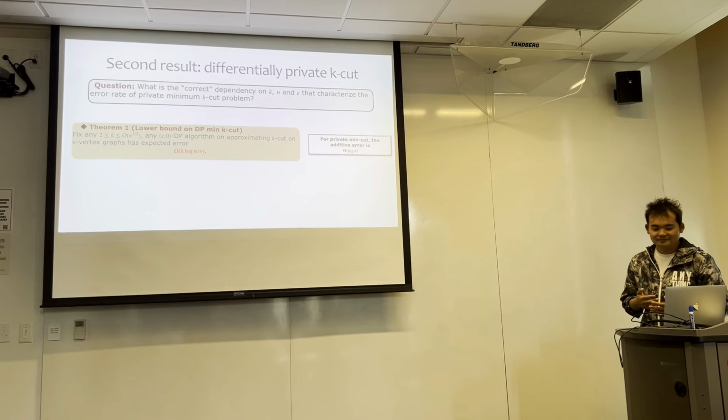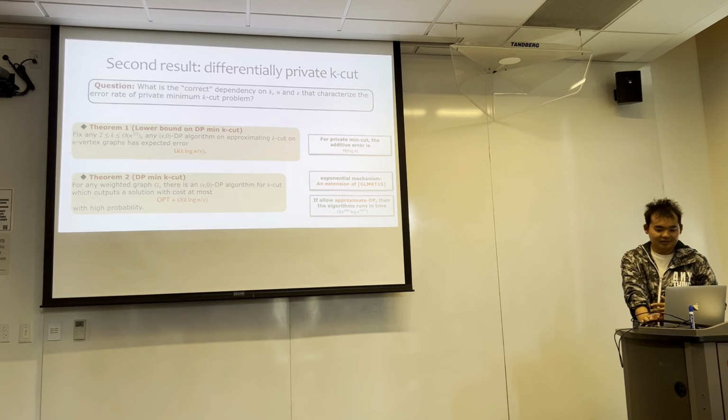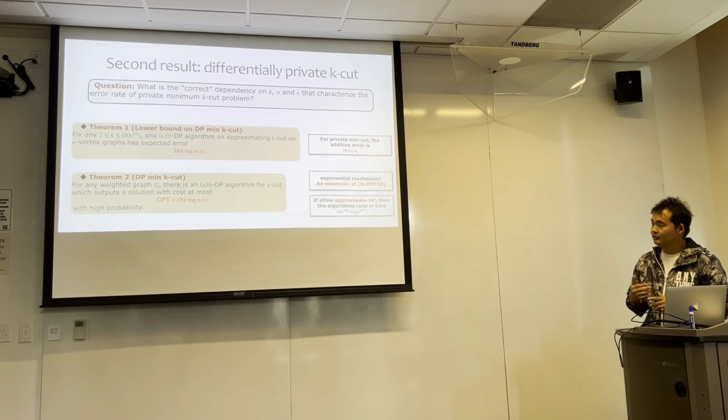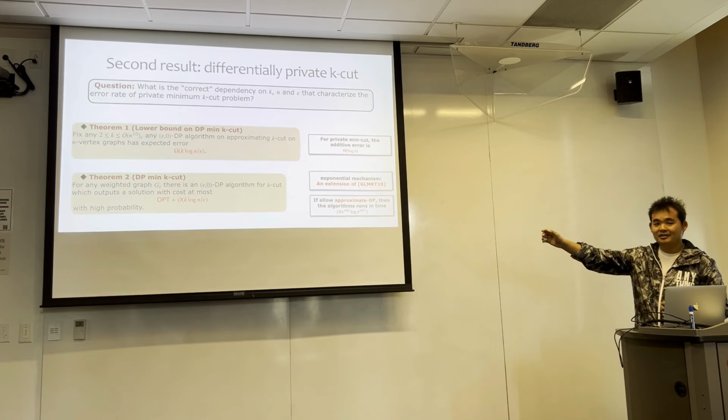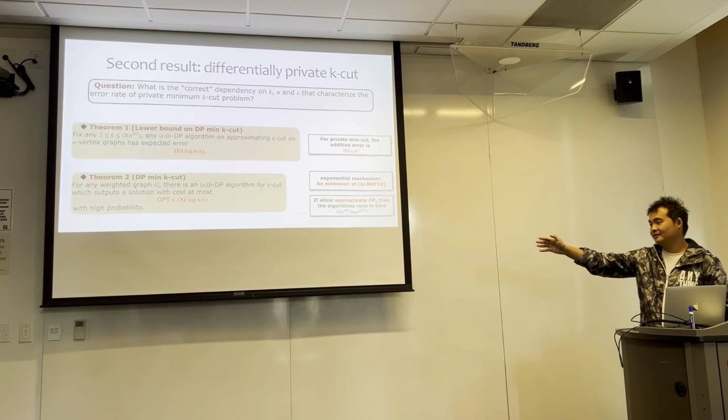This is through some packing argument that looks very clear to me, but I'm not sure if I have time to go into details. Surprisingly, this lower bound is actually tight. By extending the private min cut algorithm, we could also get a k log n error upper bound for private min k-cut. So this bound is tight even up to logarithmic factors.